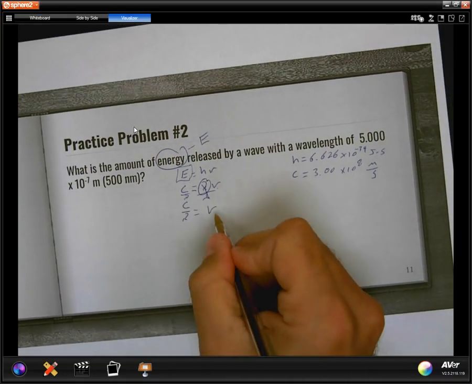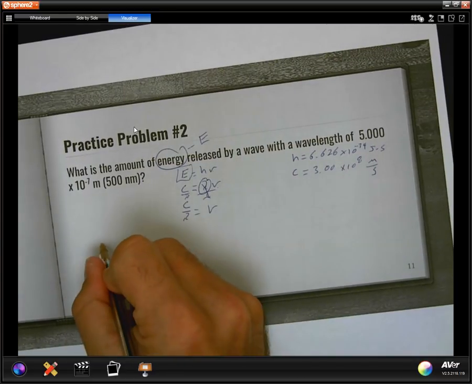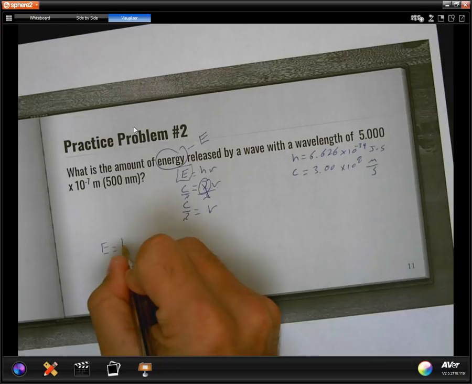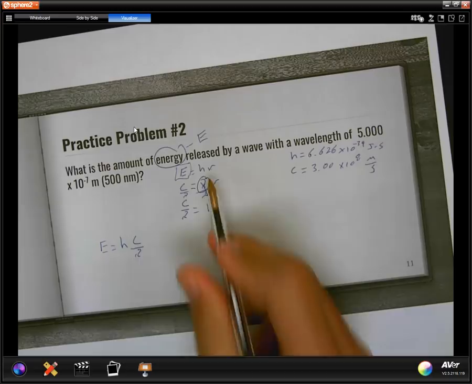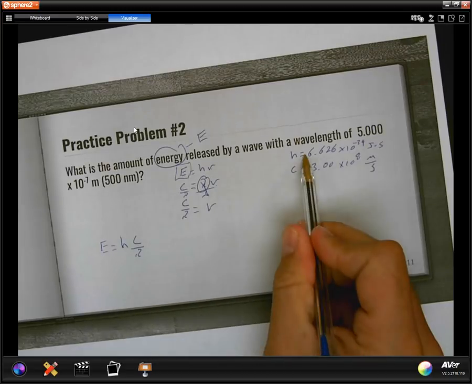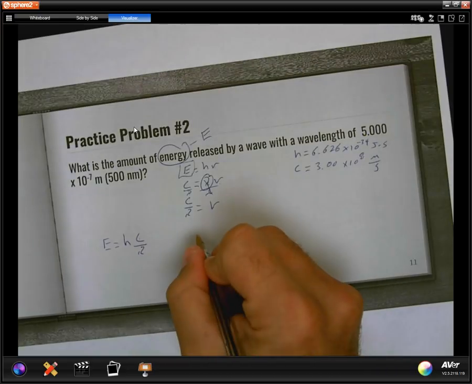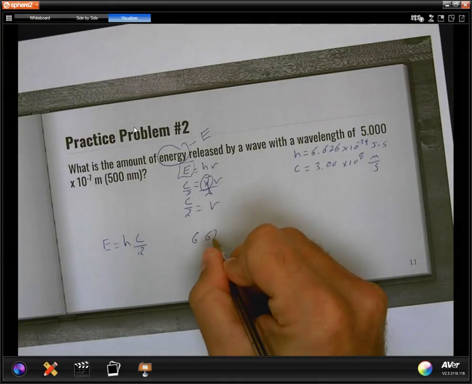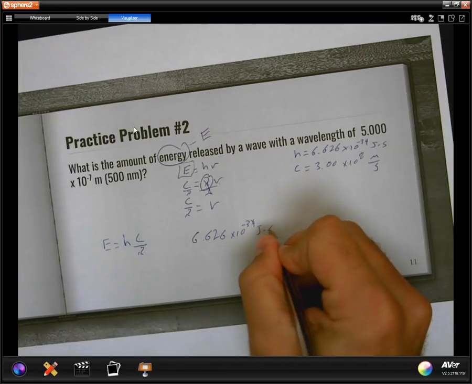Now, since this equals nu, I'm just going to substitute this into that equation and come up with my new equation of E equals Planck's constant times c over lambda. Now, this I already have memorized, this I already have memorized, and this was given to me in the problem. So I just plug in my numbers, and I can easily solve any problem like this without stressing out.